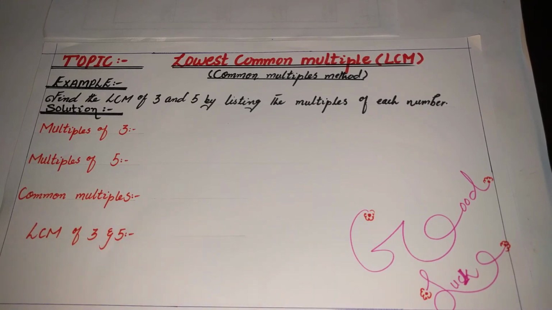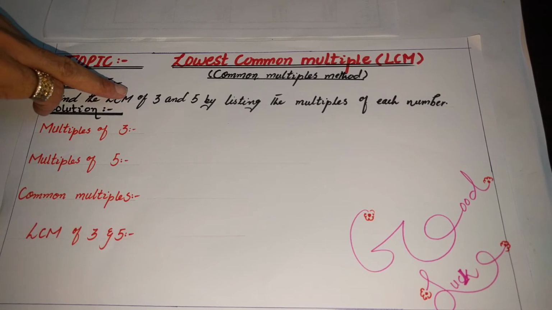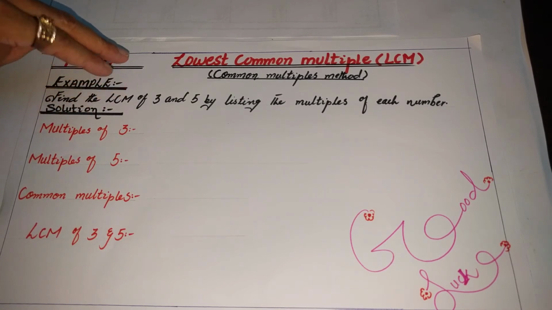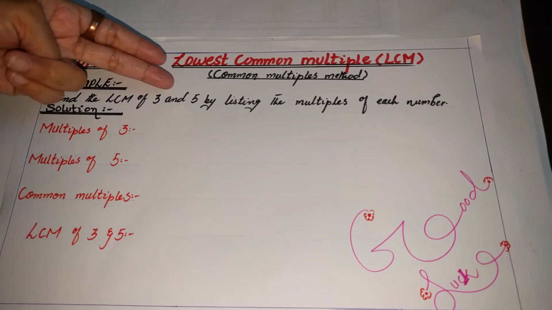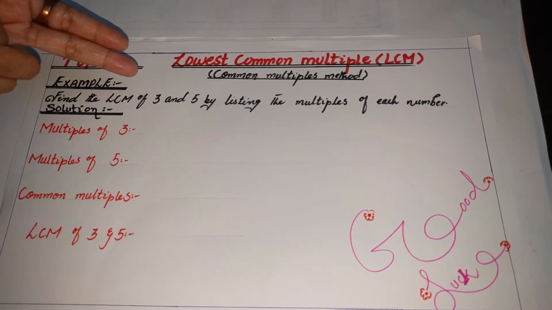Now in this example, as I told you in the previous lecture, maybe there will be some restriction, such as find the first 6 or first 5 or first 4 multiples of the given number. But in this example there is no restriction on how many multiples to find for 3 and 5. So it's up to you.